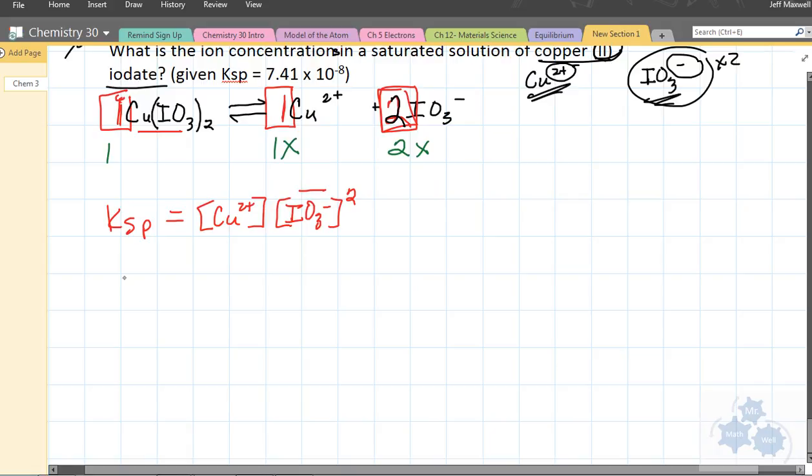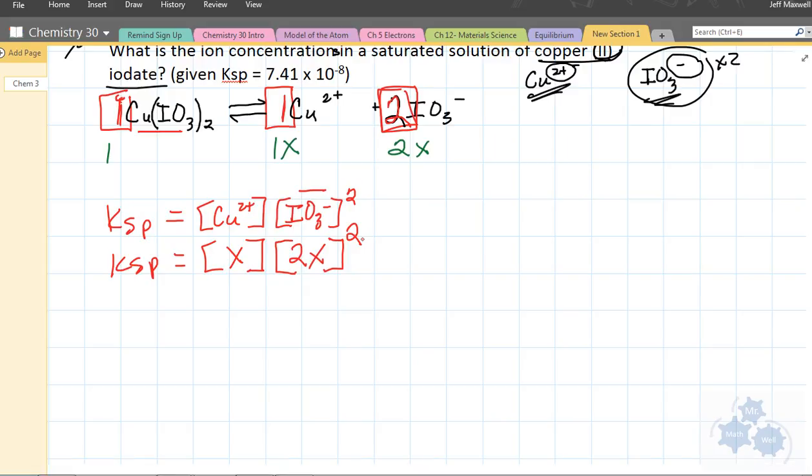That means that in the Ksp expression, I have x here, and I have what inside here? 2x squared. So yes, you have to double the x, and you have to square it, both. That's not strange. That's not weird. Yes, you double it, and you square it for the expression. Because that's how it works.